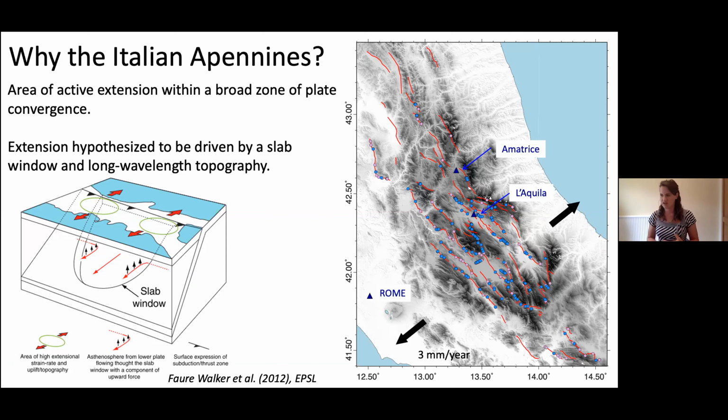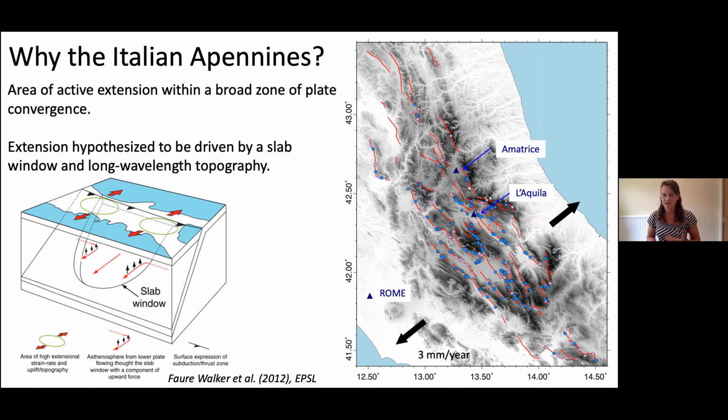And this extension is taken up on a series of normal faults, which are orientated approximately northwest-southeast, and the majority of them dip towards the southwest. This map on the right is a map of our active faults of the Apennines, and the red lines are the active faults, and the blue and the purple dots are points where we have data on the structural geology of the faults.